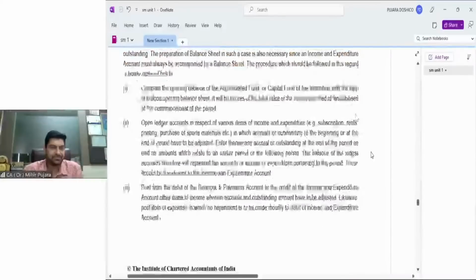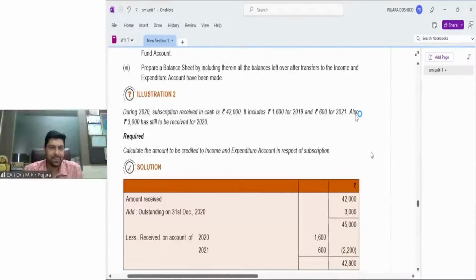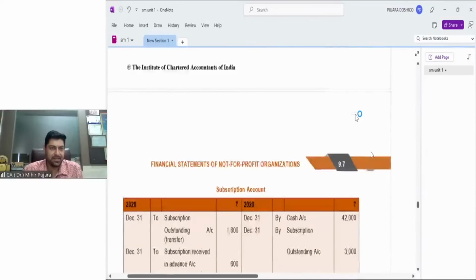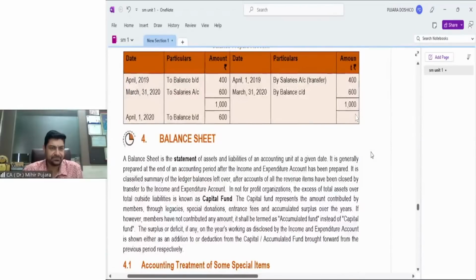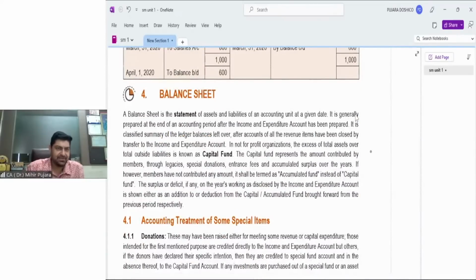Now, friend, balance sheet is simple. It's a statement of assets and liabilities, and capital, which we used to write in the balance sheet, is known as capital fund.